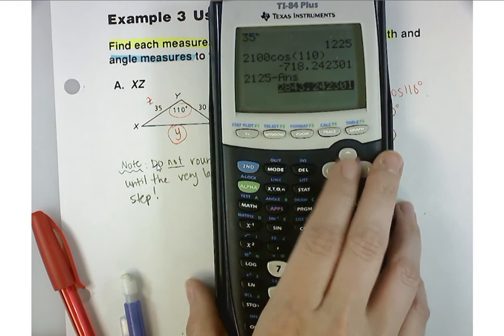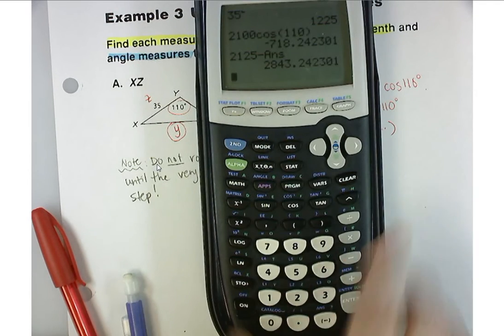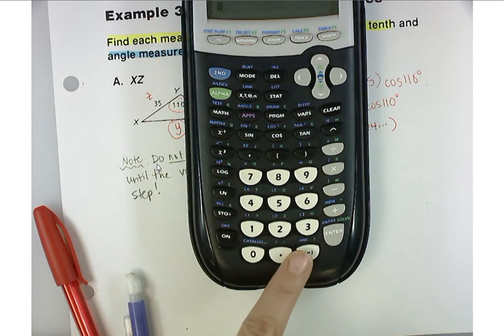So what I did is I did minus, and then I pushed my second button, and then this would be the answer button right here. So you do 2125 minus second, and then answer.